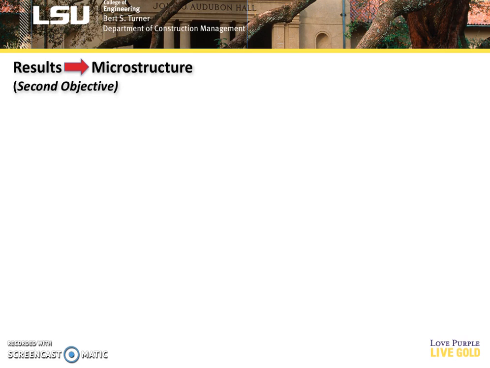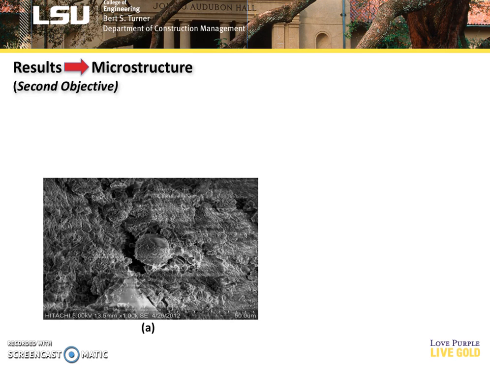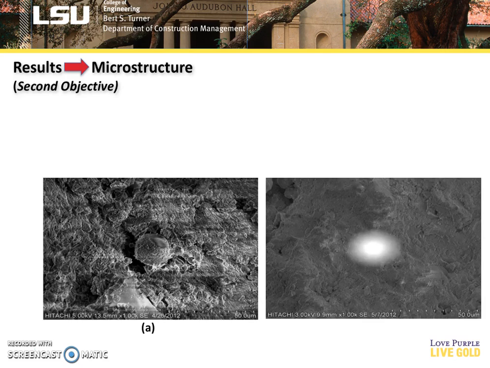For the second part of the result, which meets the second objective, I conducted the SEM test. As you can see from figure A, which is only black rice husk ash sample, the matrix has a porous structure, while incorporating nanotitanium, which can be seen in figure B, showed improvement in the density of the specimens.